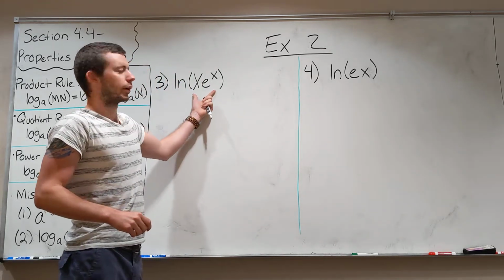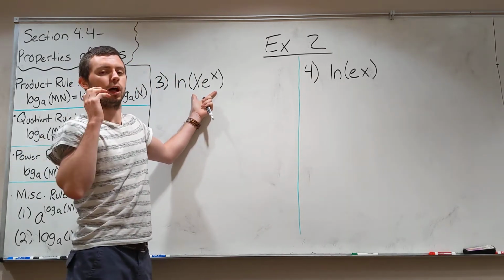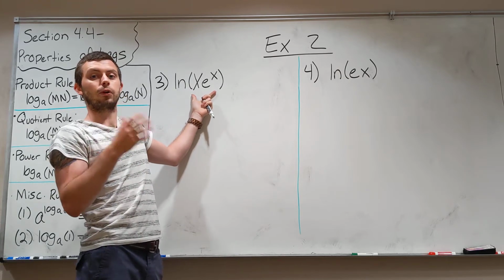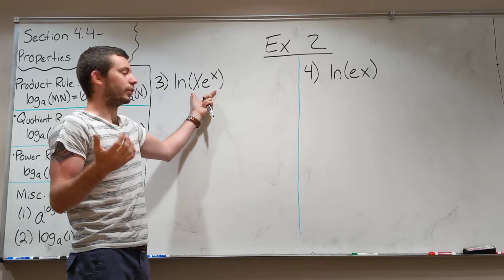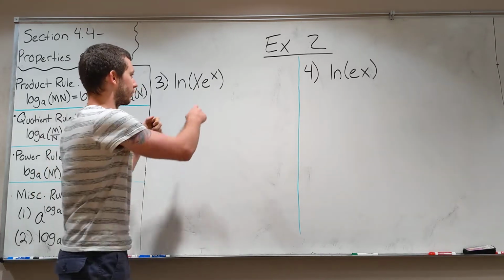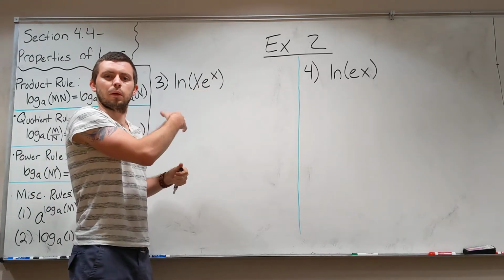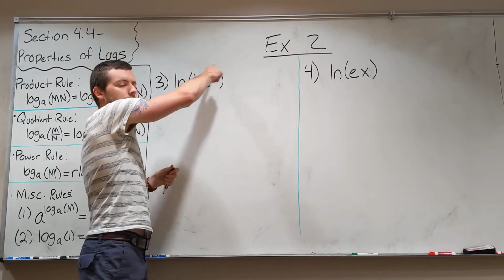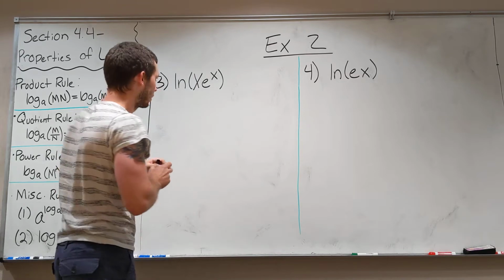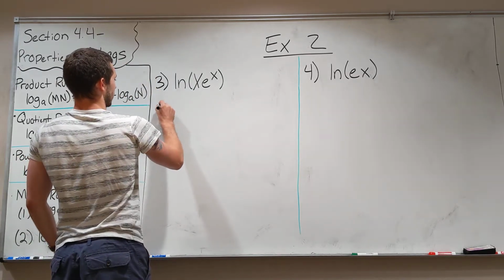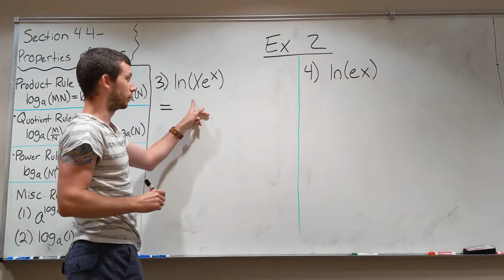And so we look at this as, is this an overlying product or an overlying exponent? And it ends up being a product because, similar to problem 2, the whole expression here is not being raised to a particular power. So here we're using the product rule.